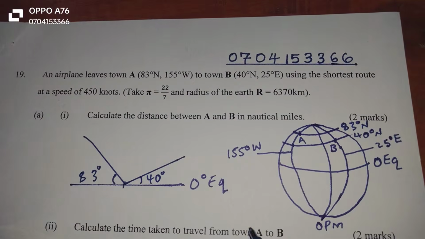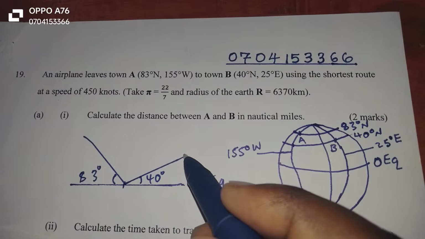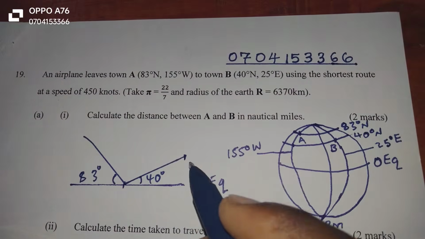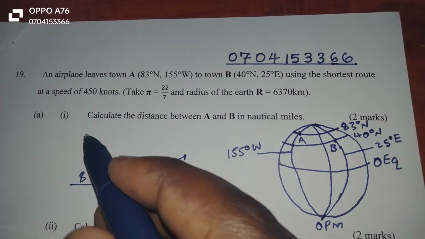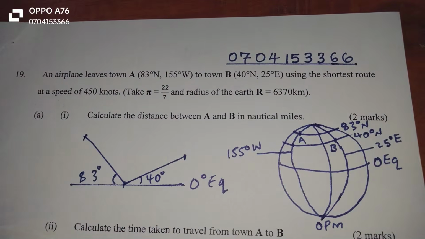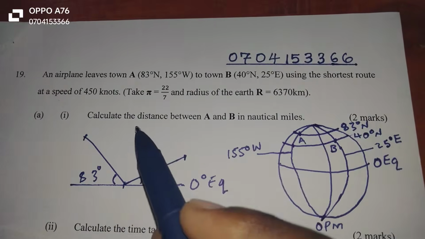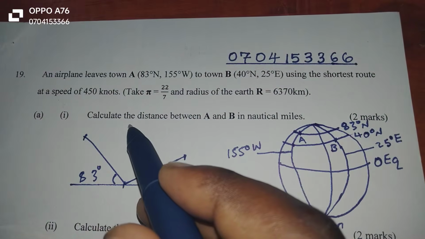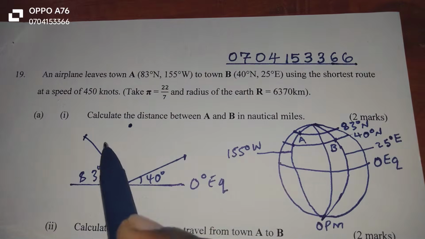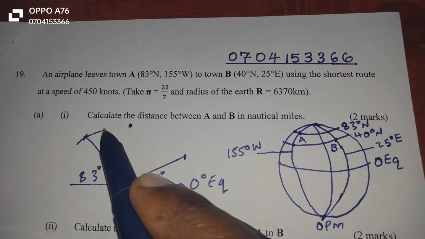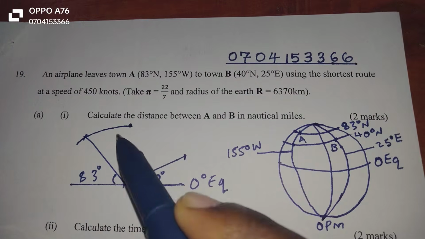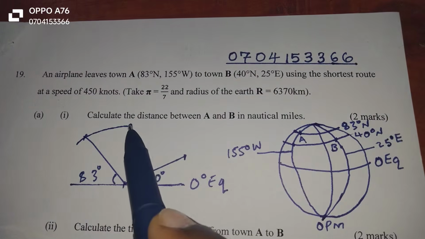Therefore, we should know that because the route here is 25 in the east, the longitude here is 155 in the west, once the plane reaches the North Pole and it was following longitude 155 in the west, then it continues with the same route.